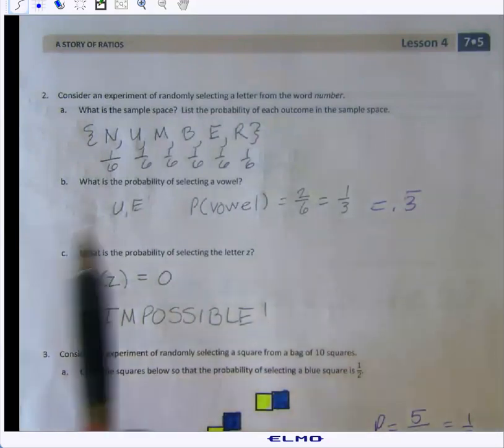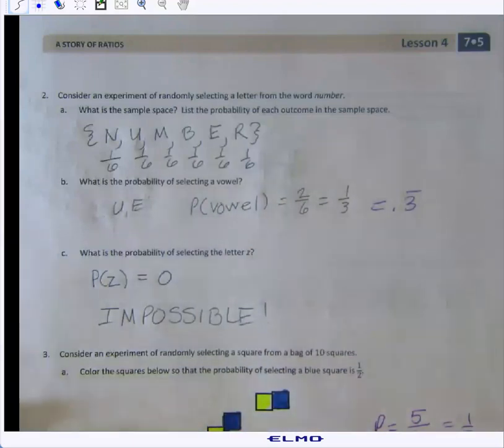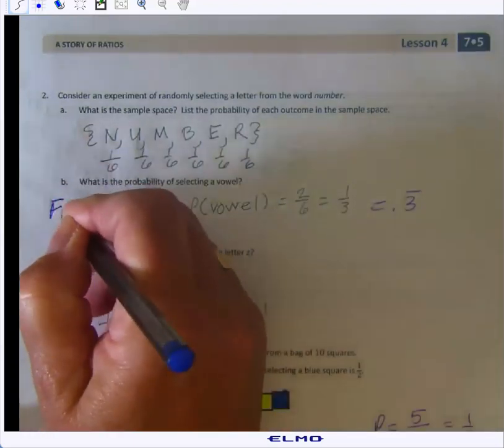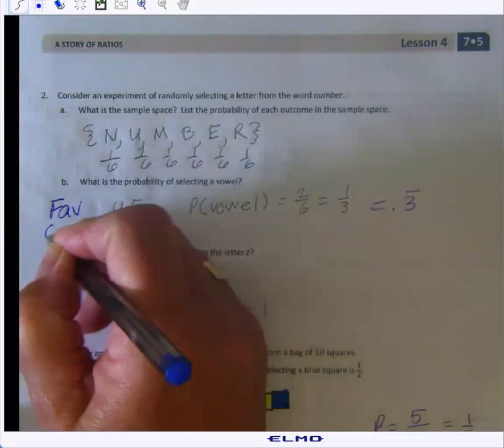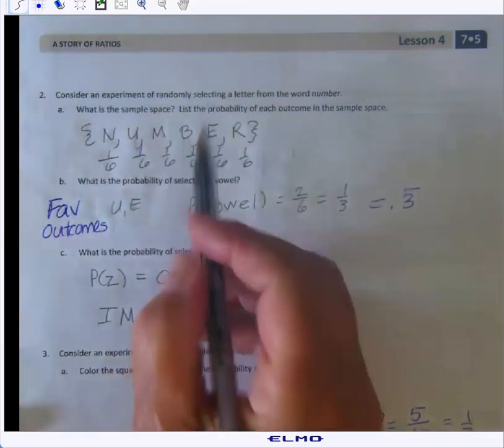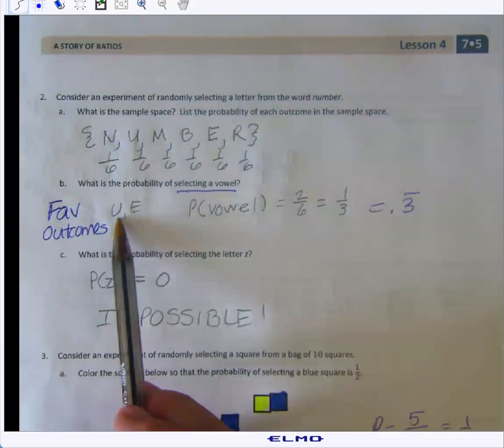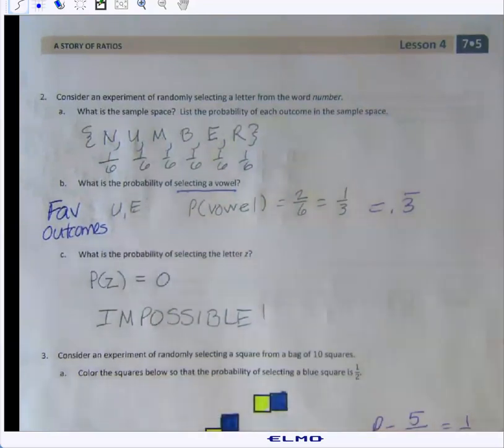Okay. Now, what is the probability of selecting a vowel? Well, U and E are the only favorable outcomes. They're called favorable outcomes because that's what we're looking at now. The vowels are the favorable outcomes. Well, how many favorable outcomes are there? There are 2.